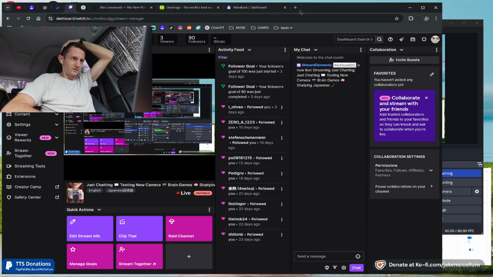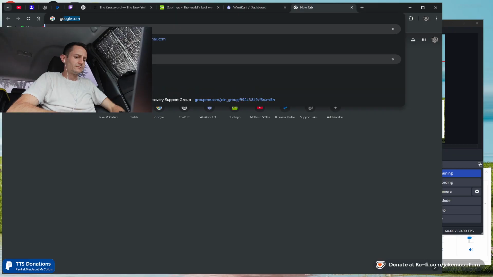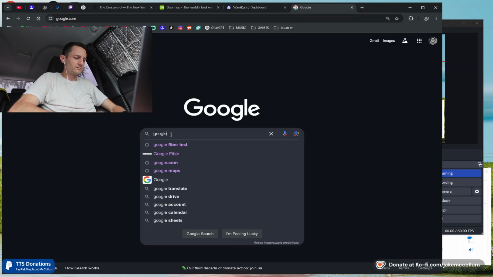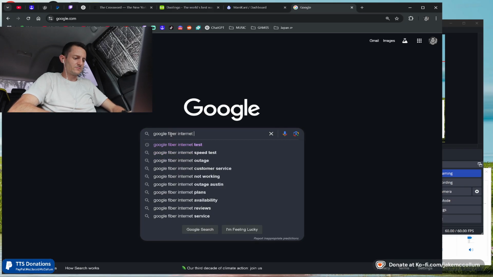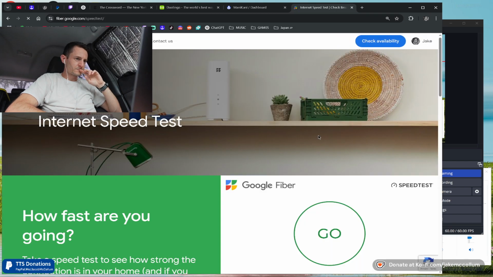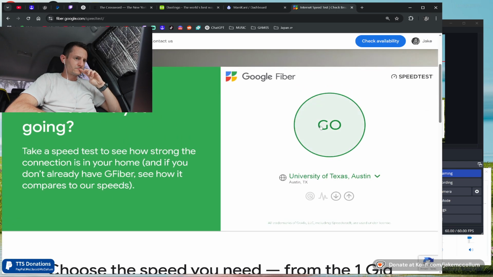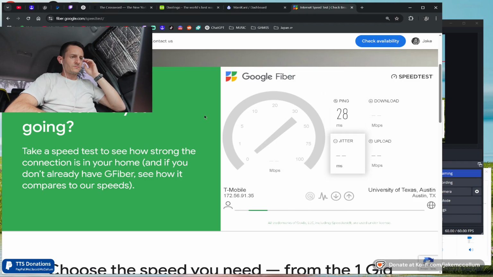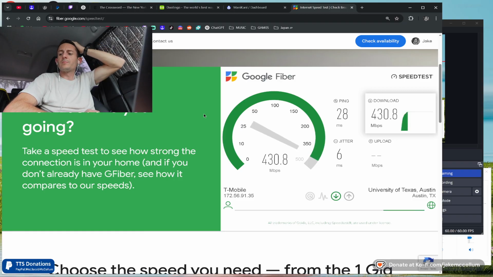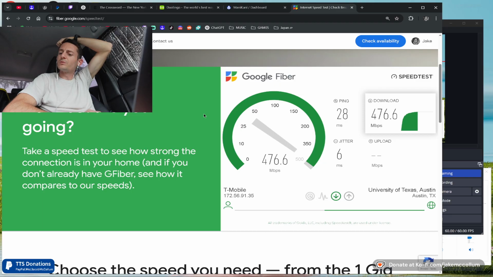Let's check... Not Google Fiber Internet Test. It's gotta just be that I'm using a badass camera and that the camera is just making my computer want to kill itself in Grand Theft Auto, obviously.